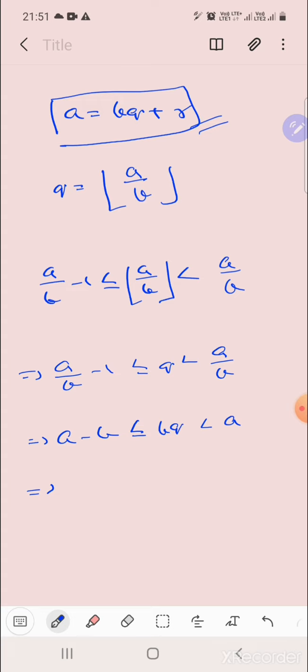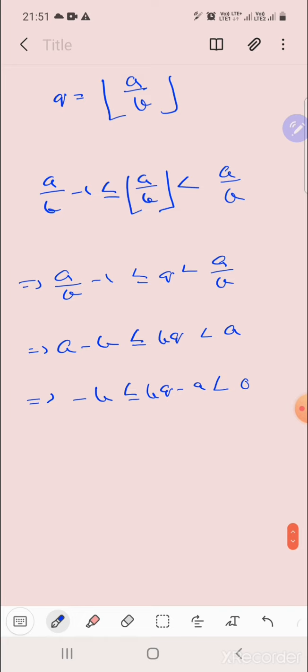Got it? Or you can do it this way: bq minus a is less than 0, and from here what you get is that 0 is less than or equal to a minus bq, which is less than b.